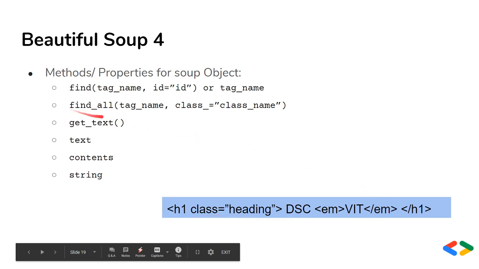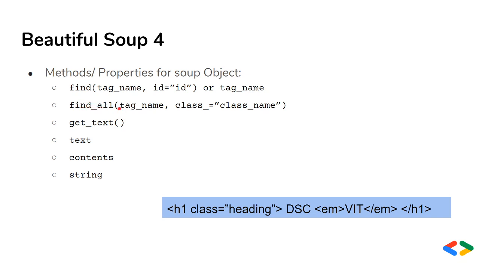The next one is find all. Find all, as the name suggests, is used for finding all the HTML elements which match the parameters that you have written over here. The difference between find and find all is, find will return only one HTML element, and if there are many matches, it will return the very first HTML element that matched your search.